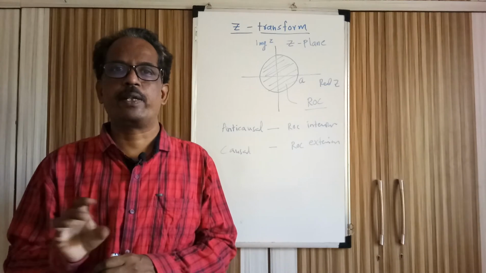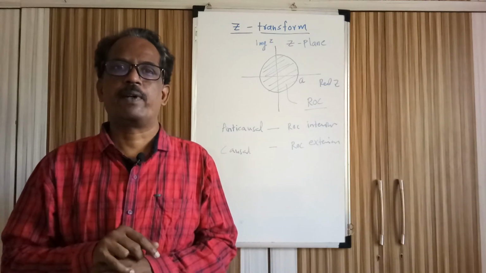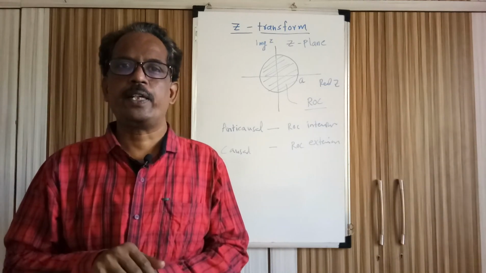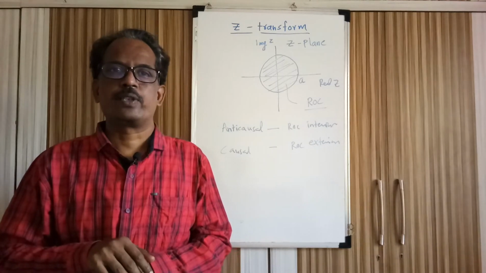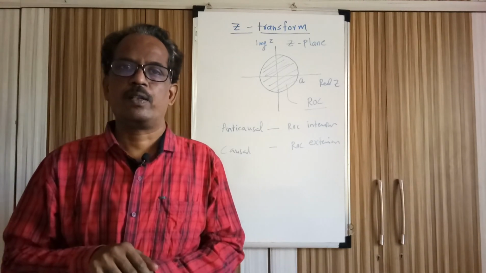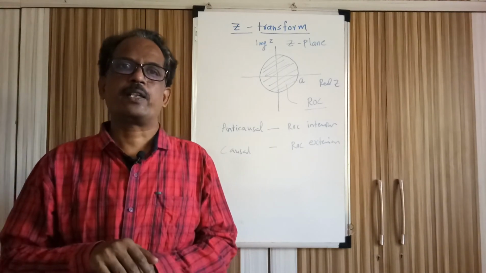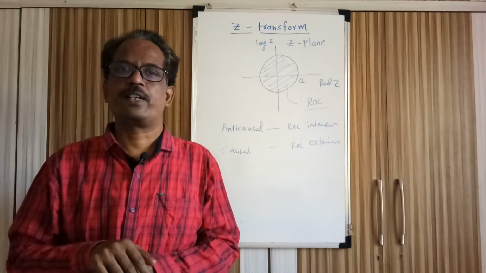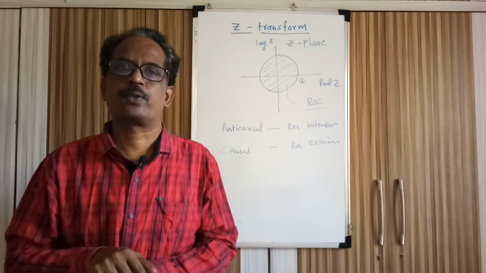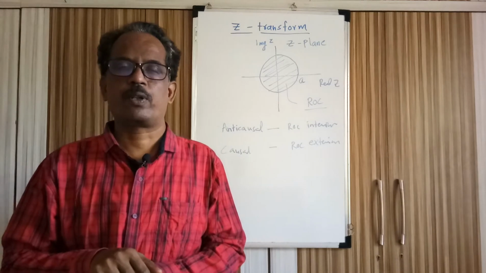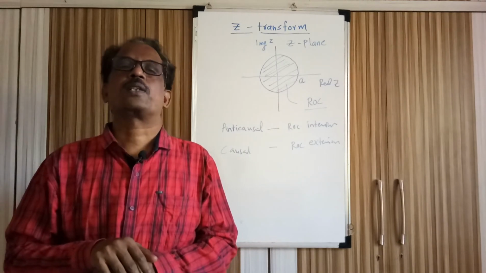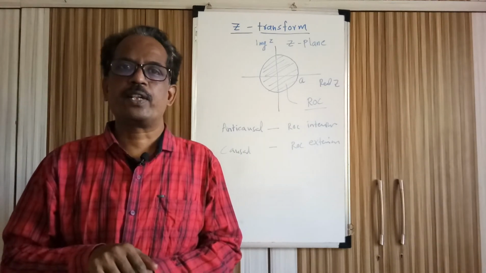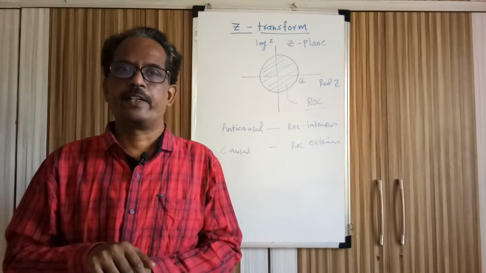For a raised to n u of n, the Z transform is 1 divided by 1 minus a Z inverse, and the ROC is exterior to the circle of radius A. Another problem is x of n equal to minus a raised to n u of minus n minus 1. This is an anti-causal sequence, and for an anti-causal sequence the ROC is always inside the circle of radius A.